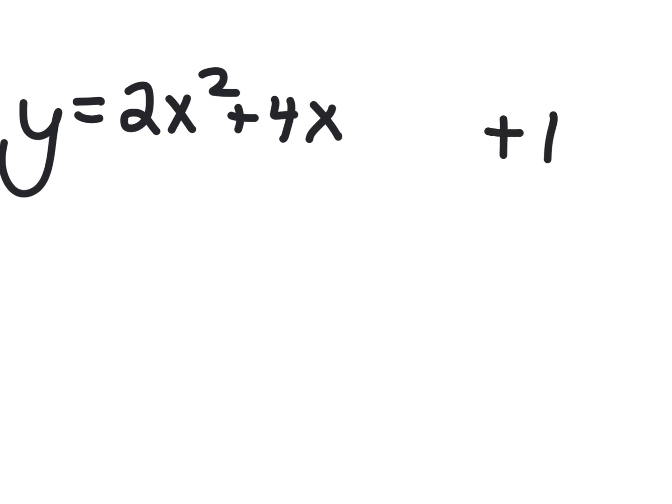Do you remember the hardest kind? Can you put that into vertex form? Step one, of course, is copy it down. Everybody can do that. Step two, if you can factor it, you should.